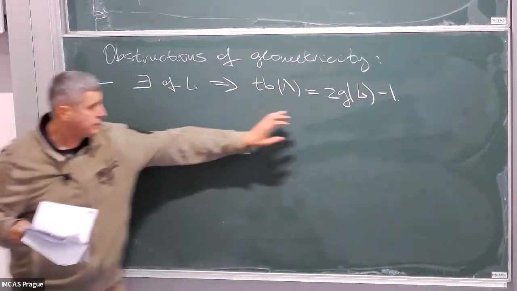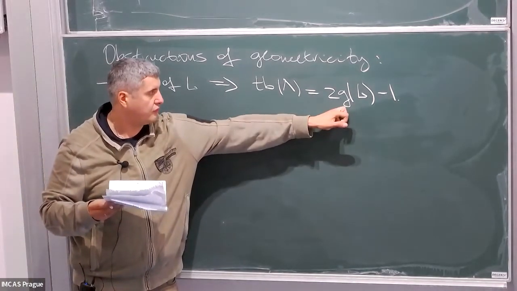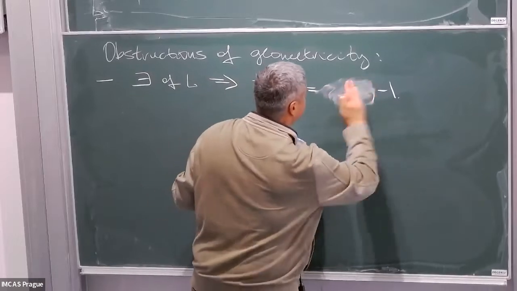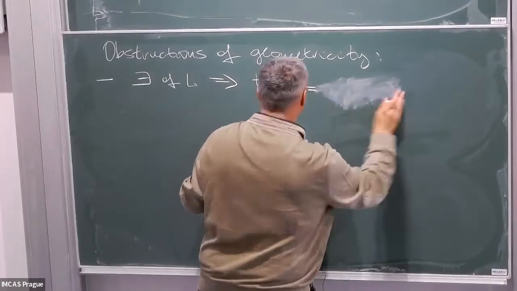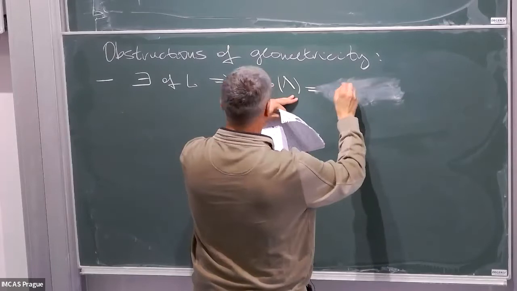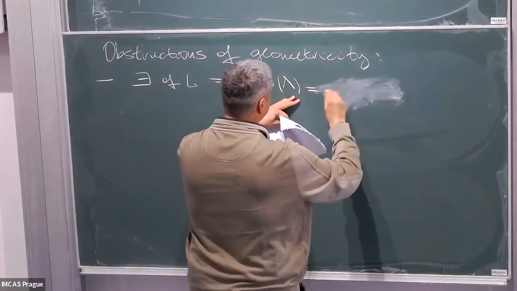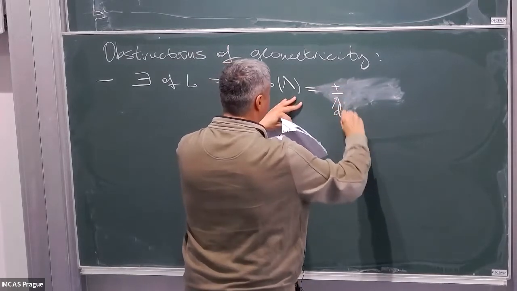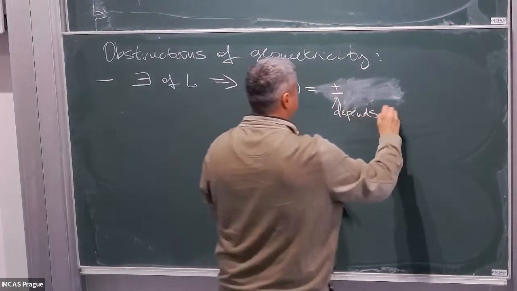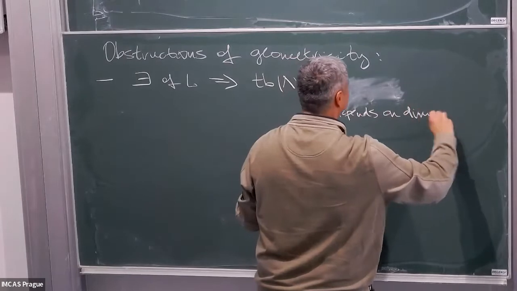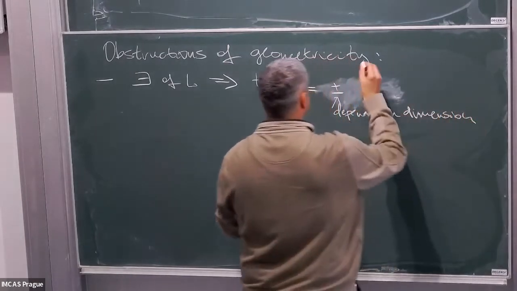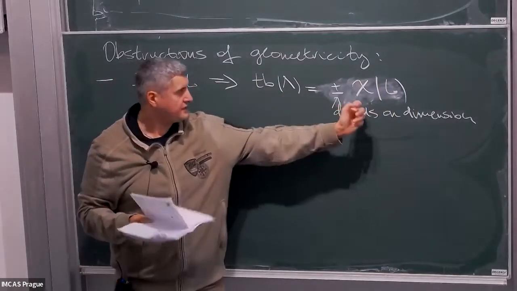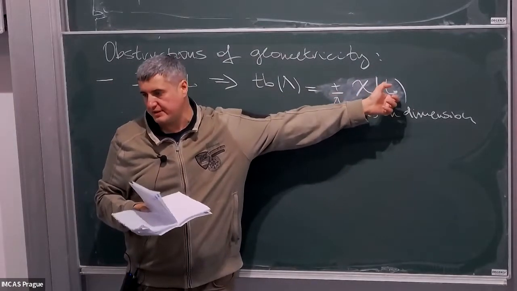Anyway, let me write it this way: TB of lambda is equal to plus or minus, and this sign depends on the dimension, and then here you will have the Euler characteristic of L.